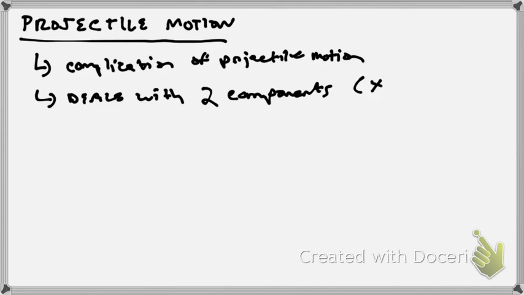Remember we talked about the x and y components of a vector, right? It talks about the x and y components. So let's go ahead and look at these x and y components, all right?